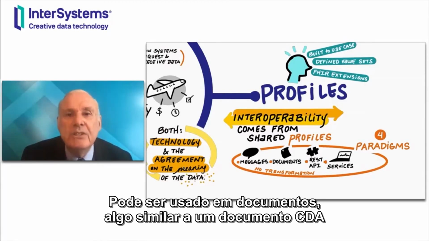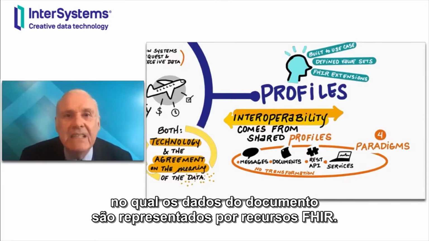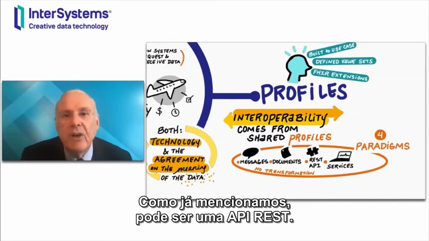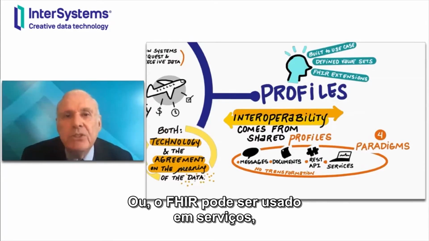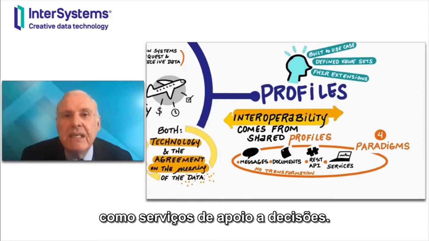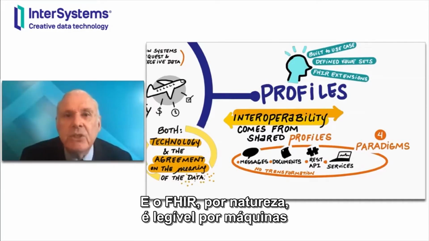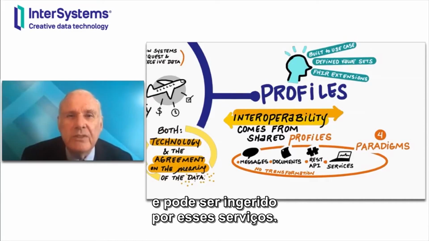It can be used in documents, similar to a CDA document, where the data in the document is represented by FHIR resources. As we've already mentioned, it can be a REST API, or FHIR can be used in services like decision support services. And FHIR, by its nature, is machine readable and can be consumed by those services.